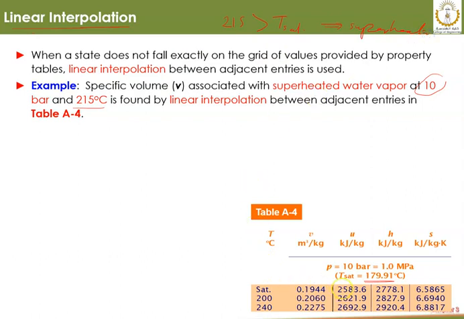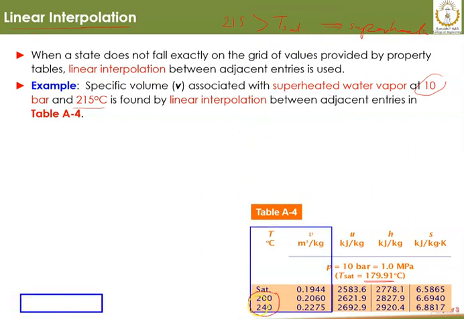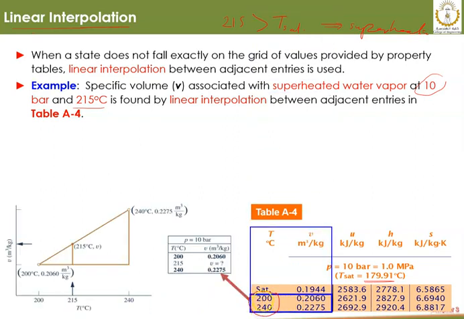Then we can go to the table, but here we find that the temperature of 215 is not in the table, so we need to use interpolation, and the interpolation will be between 200 and 240 because 215 is between those.